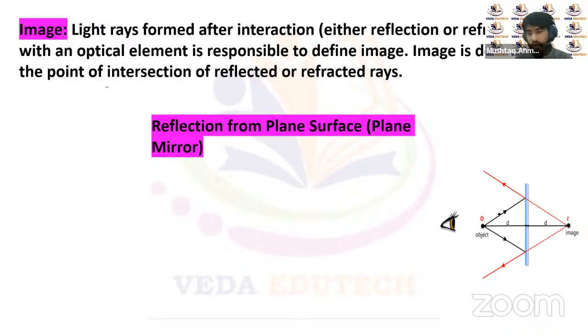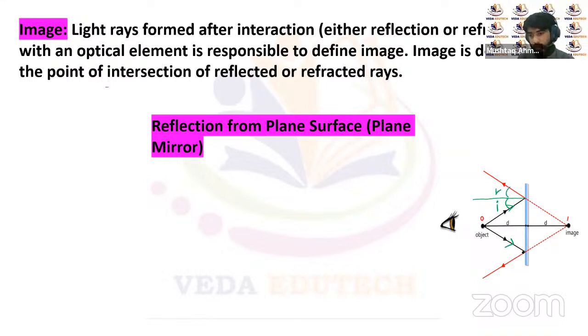So you can see here, we have placed an object in front of a plane mirror, at a distance of d. Now, these incident rays of light strike this mirror at some angle of incidence I. Then this angle of incidence has to be equal to the angle of reflection.